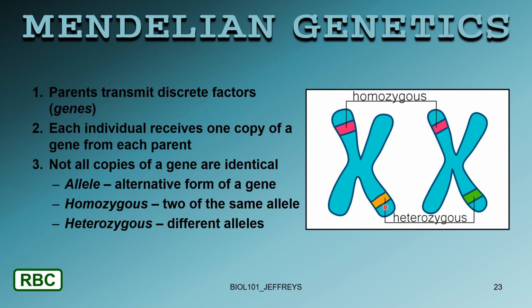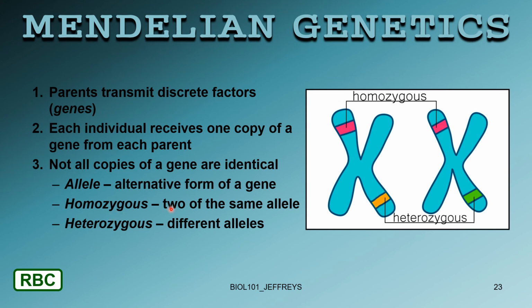Same gene, same location on the chromosome, same gene for whatever the trait is, but different forms. So this could be for green skin versus purple skin if you're talking about aliens. That would be heterozygous: different forms, different alleles for the same gene.